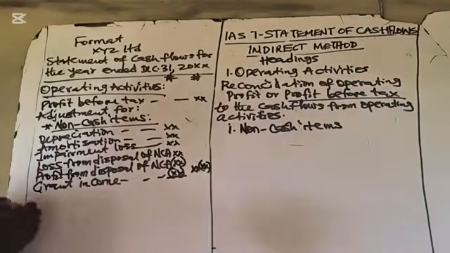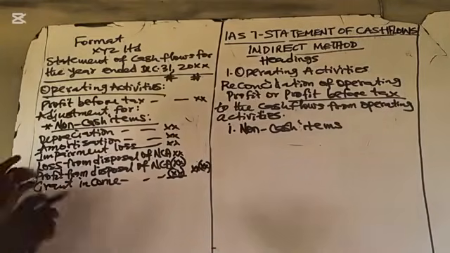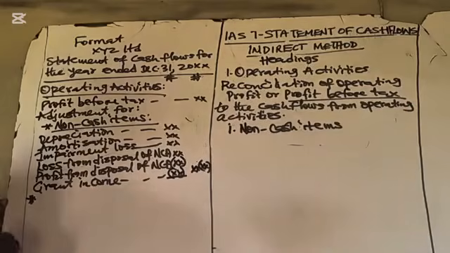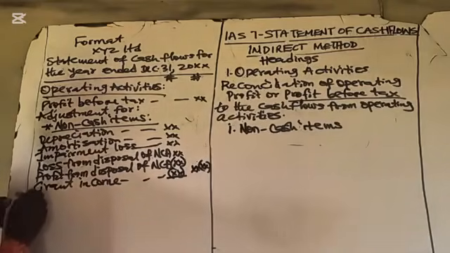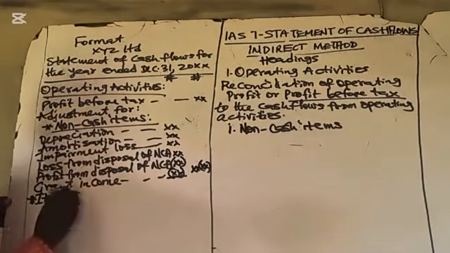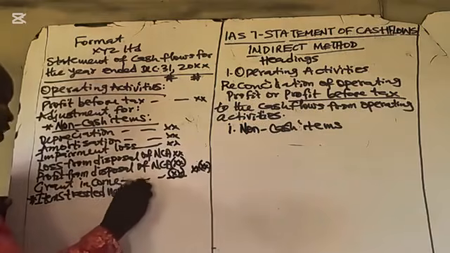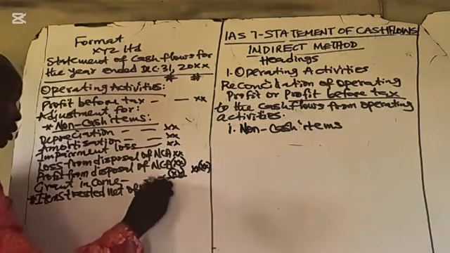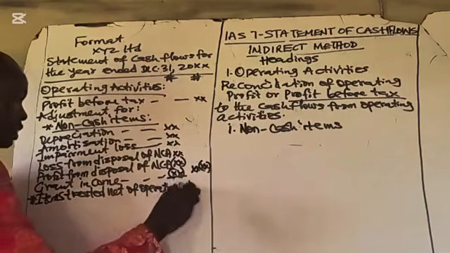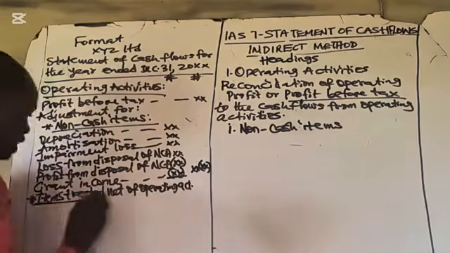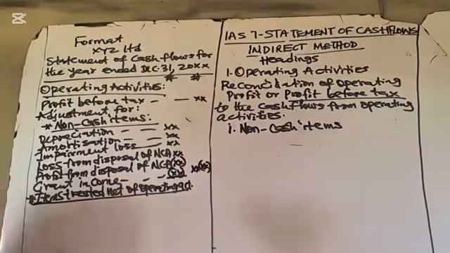Then after non-cash items, the number two items that require adjustment are items that are to be treated net of operating activities. So items treated net of operating activities.